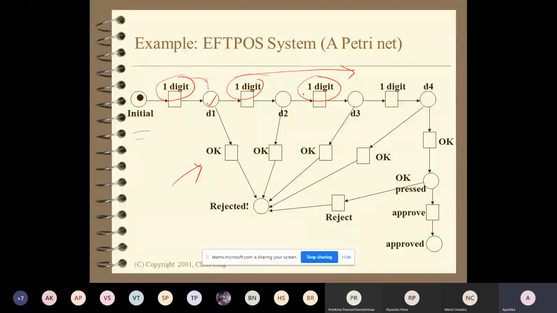You press one digit, the token comes here, then the token comes at D2. Then you enter another digit, the token comes at D3, and so on. So this is how you translate your previous state transition diagram into Petri net language, in terms of states, events, and transitions or flow relations.